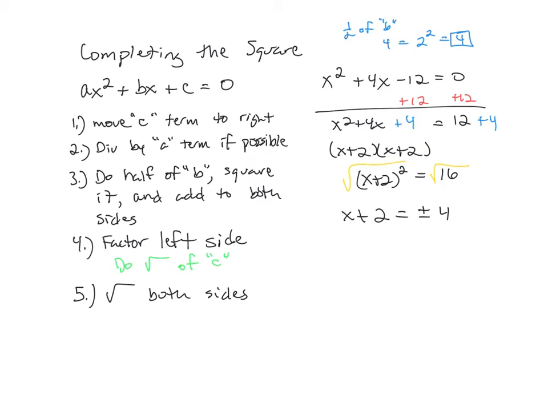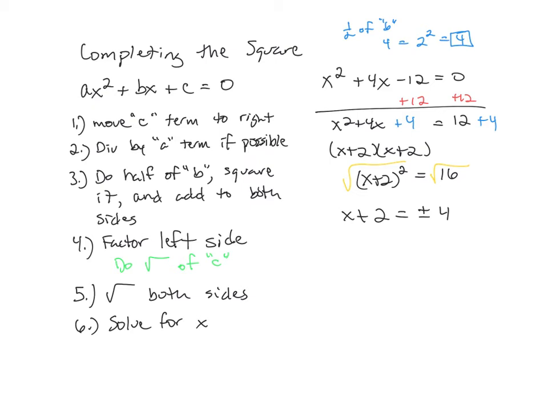So when we're solving, something equals 0 means we're solving, then we need to do the positive and negative when we do a square root. If we're not solving, it's okay to just put the 4. And then the last step is to just solve for x. So there's kind of two problems here.